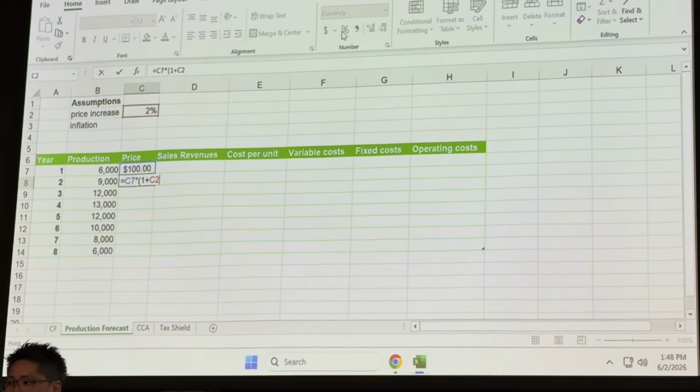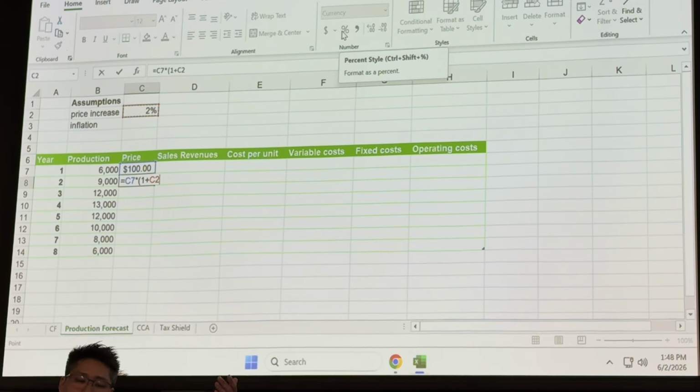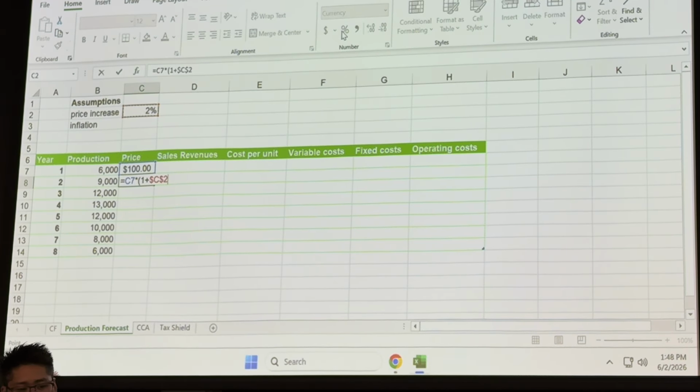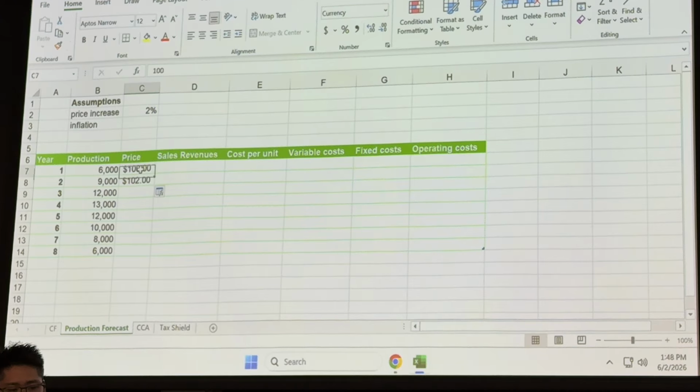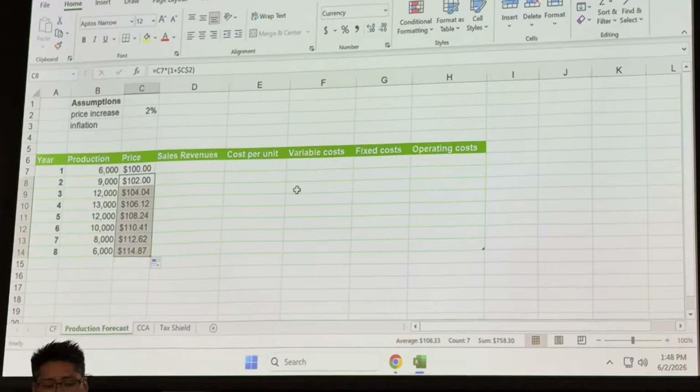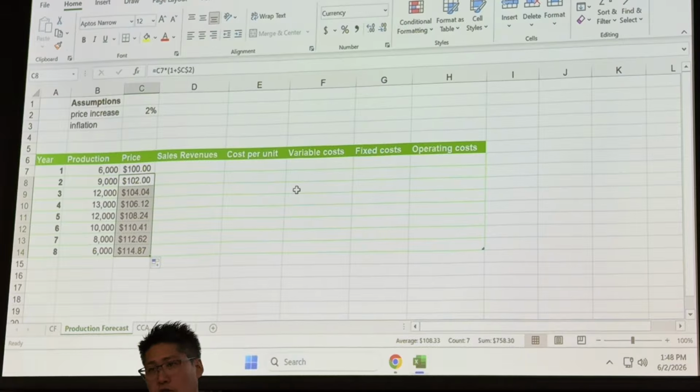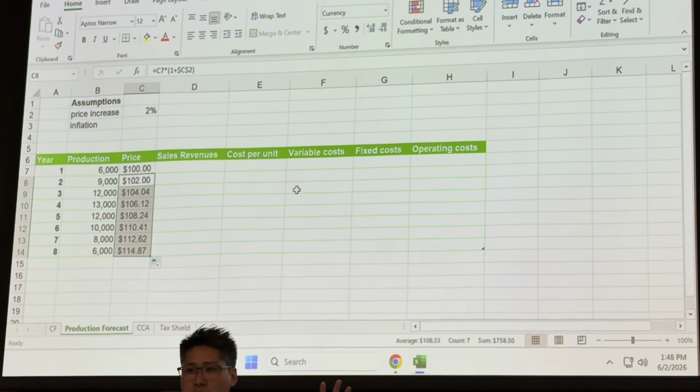Then I can just copy and paste down the row. The 2% I want to anchor so it doesn't move. Now I enter. So $100, 102, and every year is going to grow by 2%. So year 3 is going to be 104.04. And again, this is just simple Excel operations.